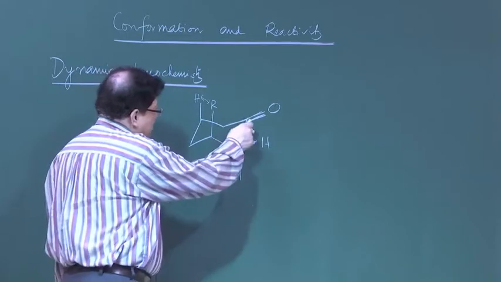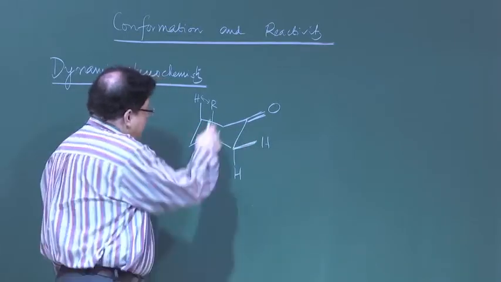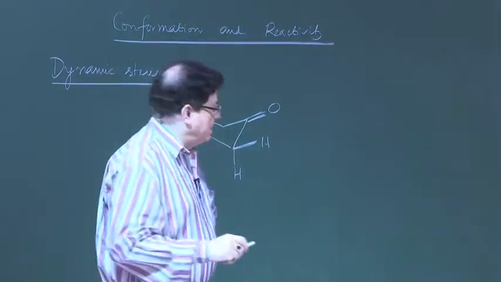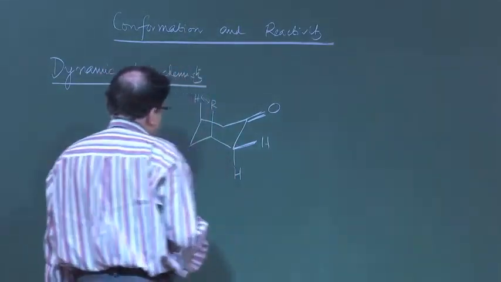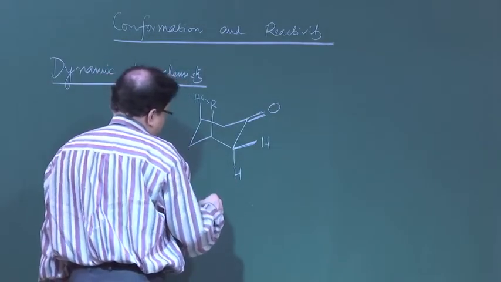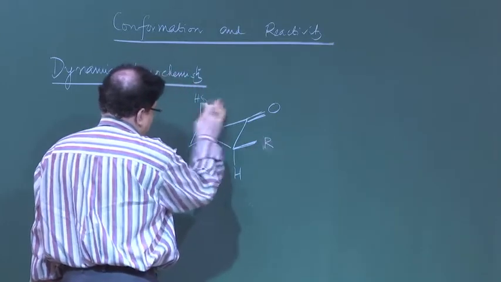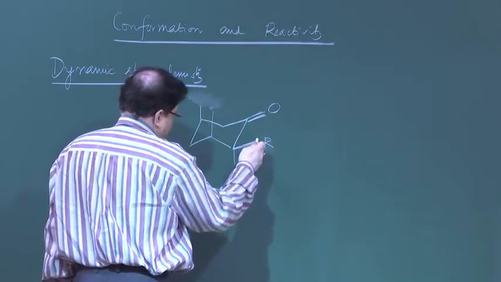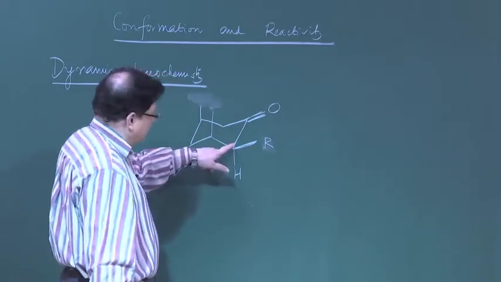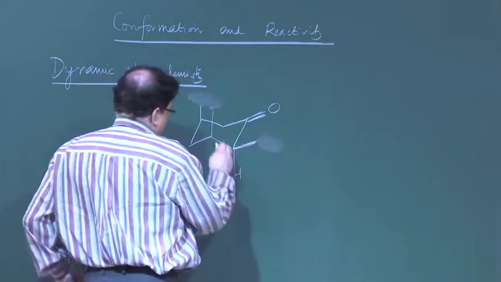So, by putting this carbonyl, first of all you are incorporating this eclipsing interaction, and you are reducing the 1,3-diaxial interaction. So, if the group is R, then there is a substantial amount of this going into the axial orientation, and this effect is called the 2-alkyl ketone effect, because it is in the 2 position with respect to the carbonyl.